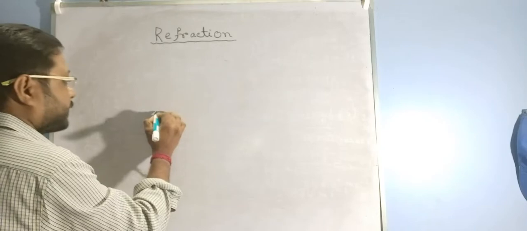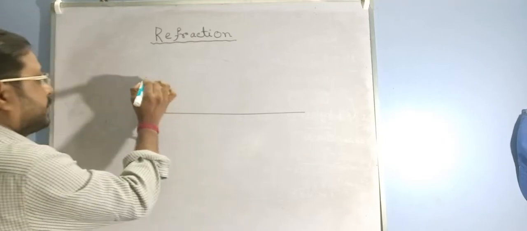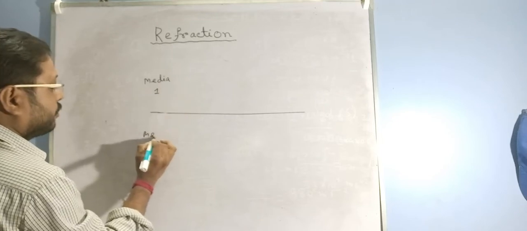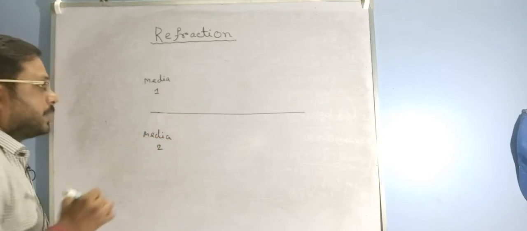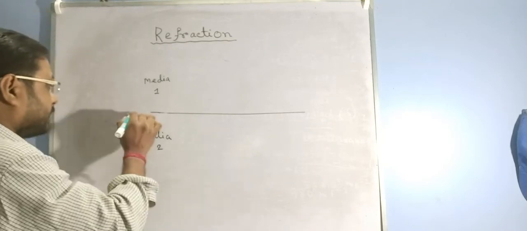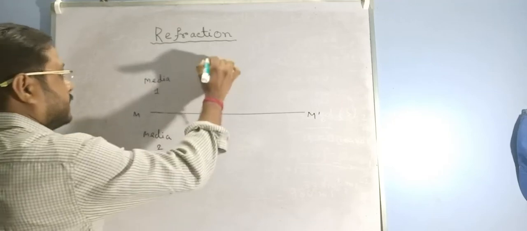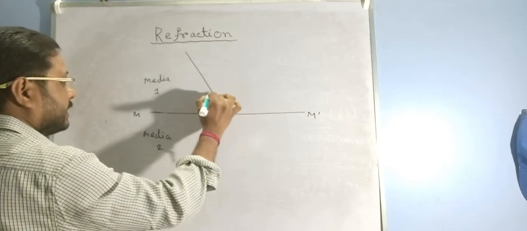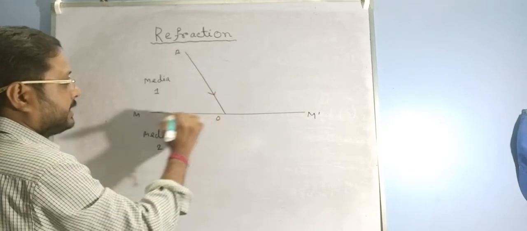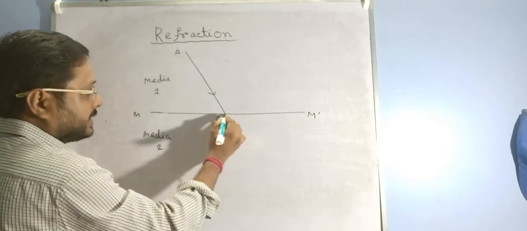When light goes from medium 1 to medium 2, whose optical density is different, then at the interface of the two media, if the ray of light is incident obliquely, then at the point of incidence the light changes its path.